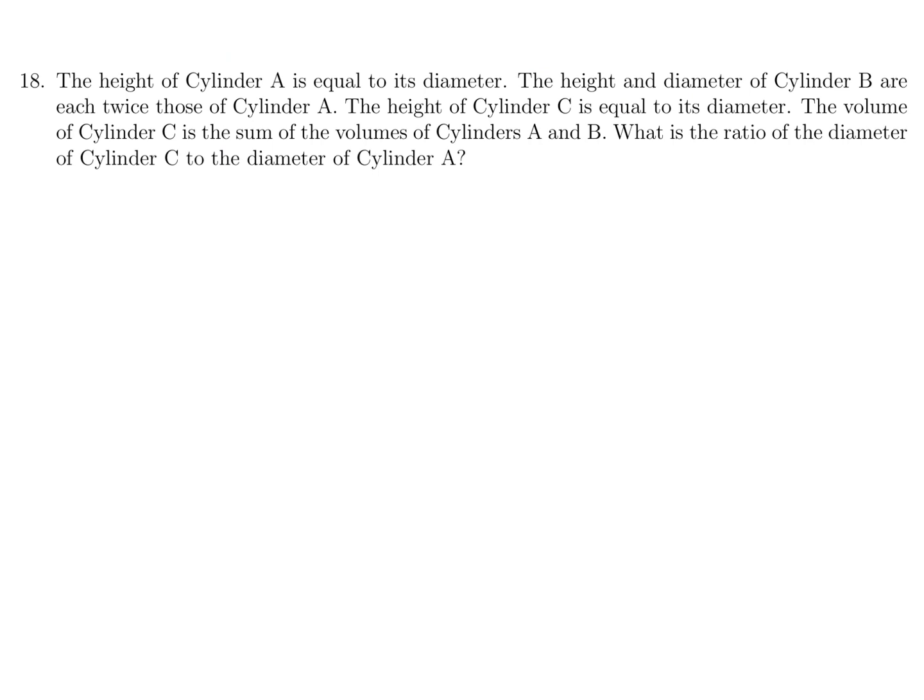The height of cylinder A is equal to its diameter. The height and diameter of cylinder B are each twice those of cylinder A. The height of cylinder C is equal to its diameter. The volume of cylinder C is the sum of the volumes of cylinders A and B. What is the ratio of the diameter of cylinder C to the diameter of cylinder A? So we have cylinder A. So here we go.